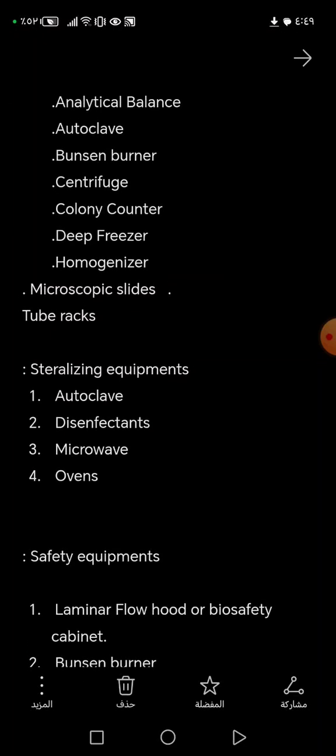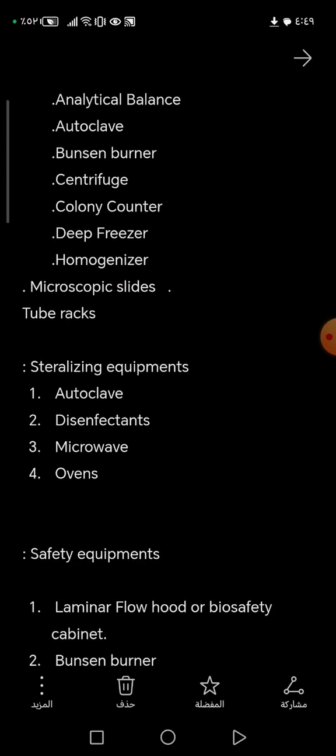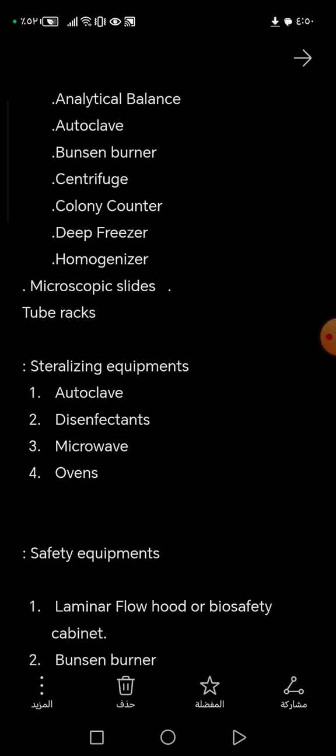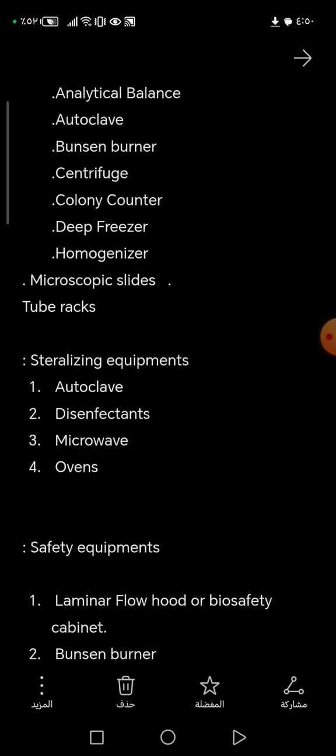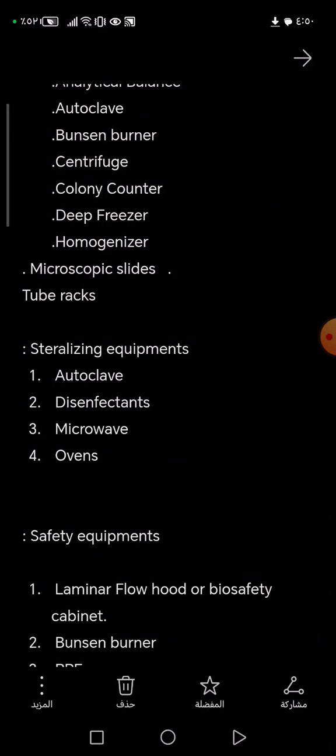Analytic balance is used to measure. Okay, autoclave is used to sterilize the substances, liquid substances, and glasswares. Okay, Bunsen burner and swabs, of course. Bunsen burner is a heat, just like a source of heat which creates a sterile environment for culturing, and it prevents contamination.